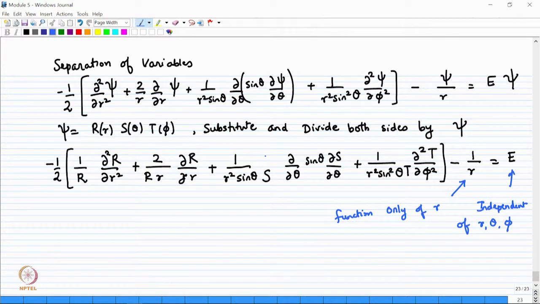Now, at the same time we can also see, I will put it in green, that this term is a function only of theta.